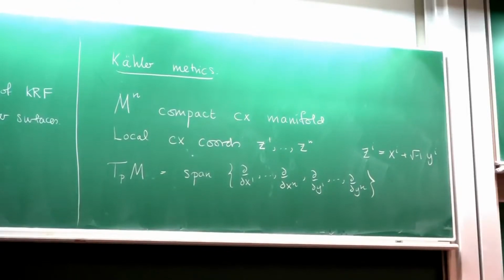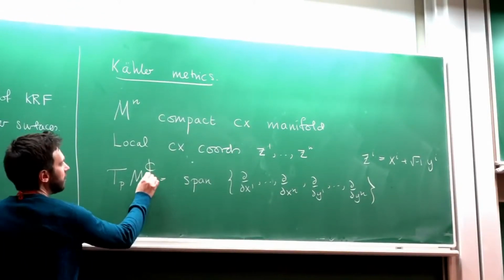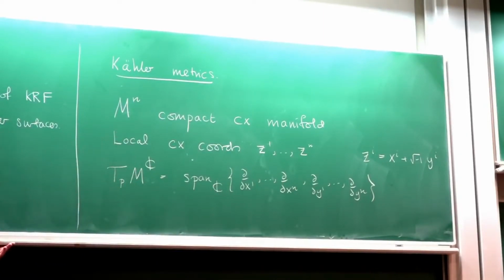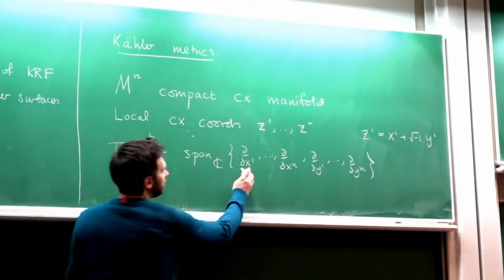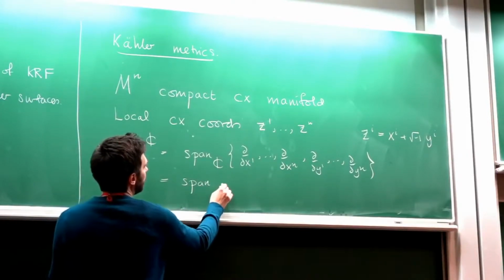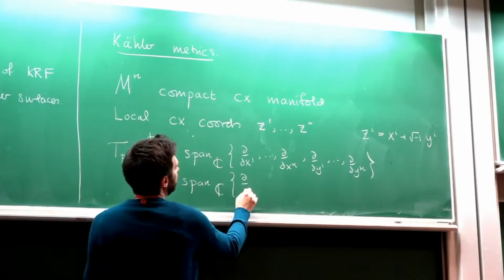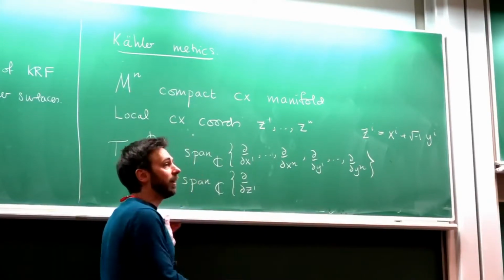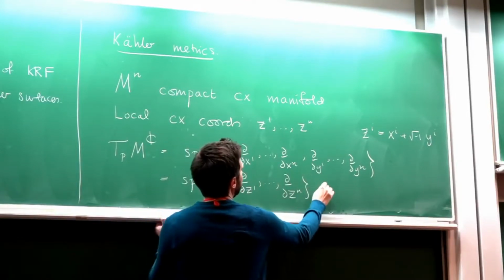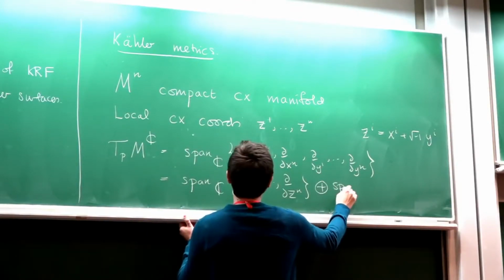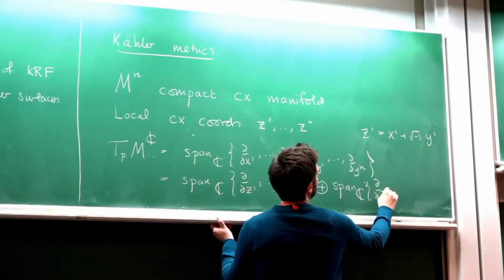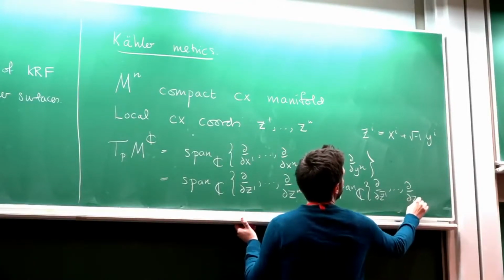But since we're going to be working on complex manifolds, we prefer to use the complexified tangent space. And this means that I would take the span over the complex numbers. But I don't want to use these vectors. Instead, I'm going to use the more natural complex vectors, which are ∂/∂z and ∂/∂z bar. So I can write this as the span over the complex numbers of ∂/∂z1, ..., ∂/∂zn, plus the span over the complex numbers of ∂/∂z1 bar, ..., ∂/∂zn bar.